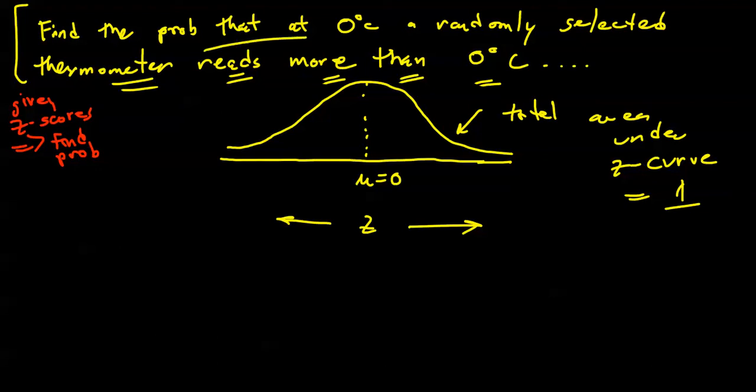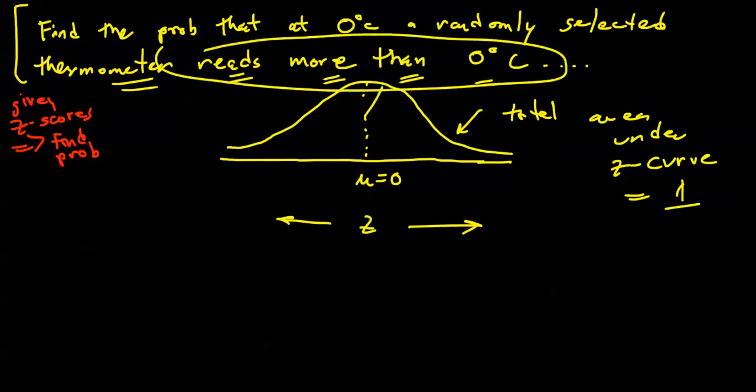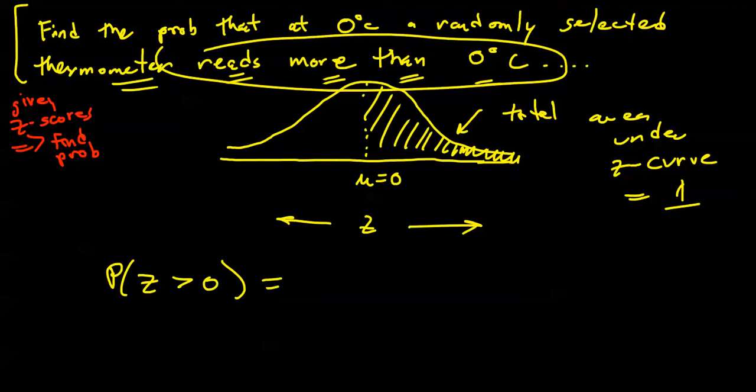Well, if you want more than 0 degrees Celsius, basically I want all the area under the z-curve above 0. And of course, by symmetry, we know that's going to be 0.5. You know that the standard normal distribution, or any normal distribution, is symmetric about the mean. So I can claim the probability then that z is greater than 0, since 0 is the mean, is going to be a half.